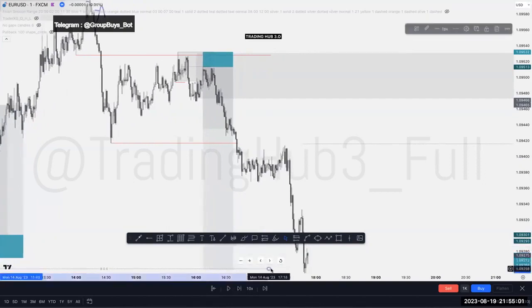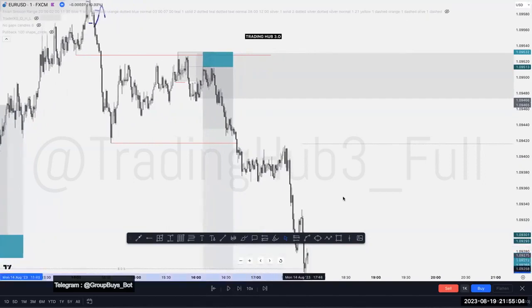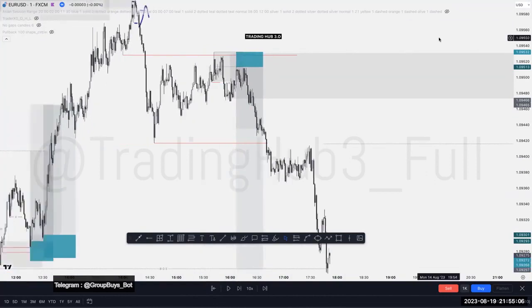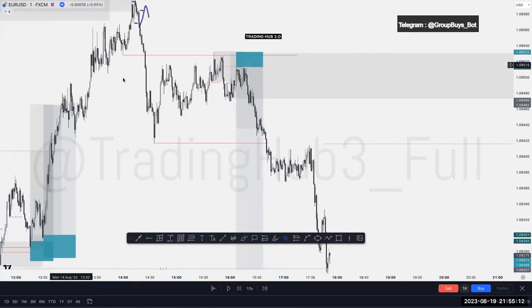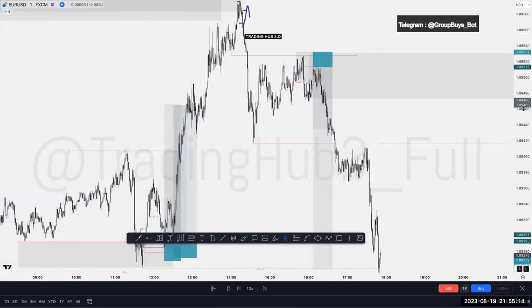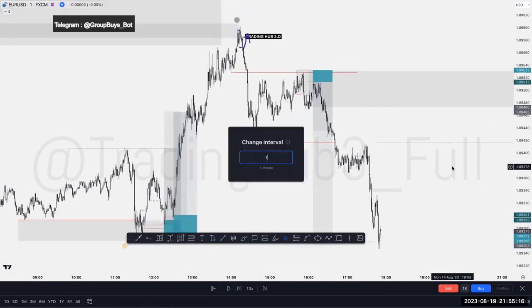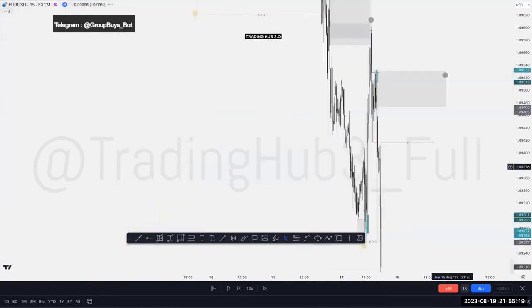Finally, the market hit our target at this point. So this was our valid area, and this is a valid setup where we can take entry for the sell. Main target hit here, and you have to switch here to the 15-minute time frame.